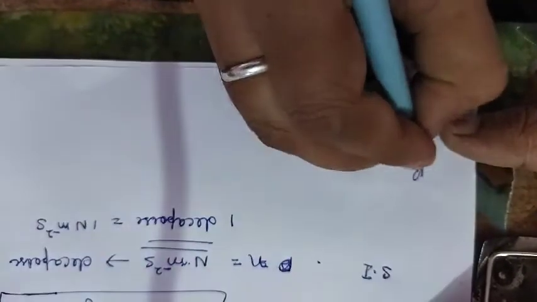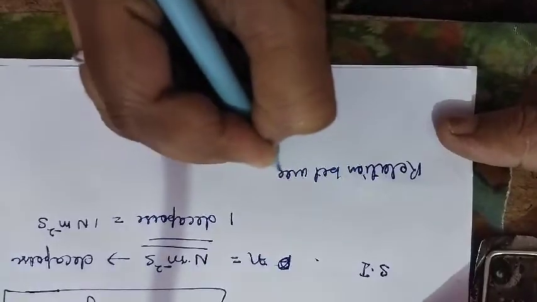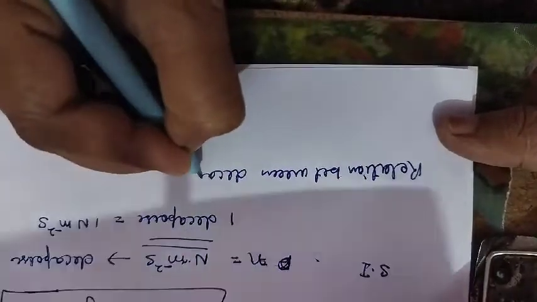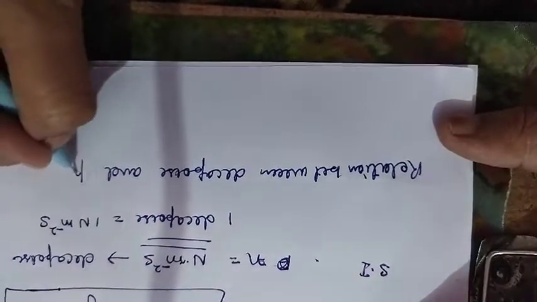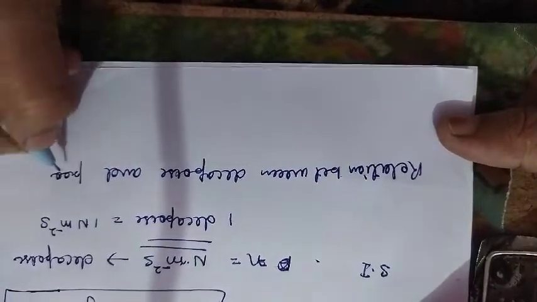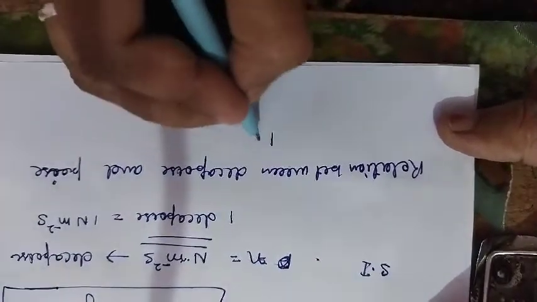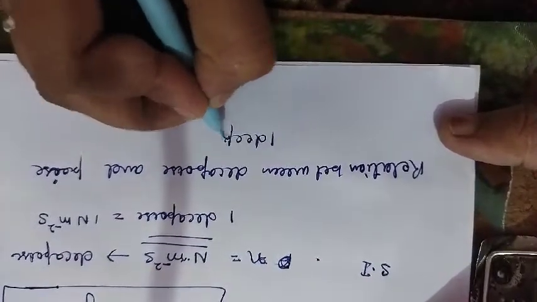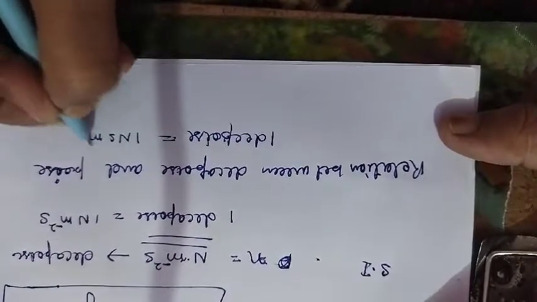And we can derive the relation between decapoise and poise. We know 1 decapoise is equal to 1 Newton second per meter square.